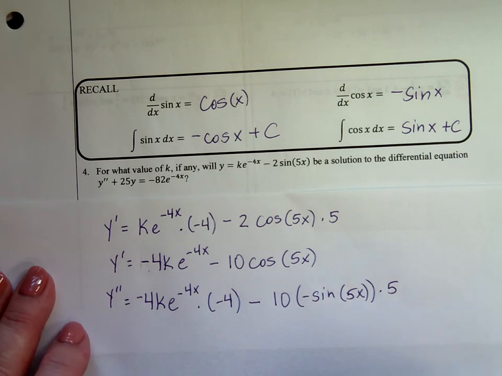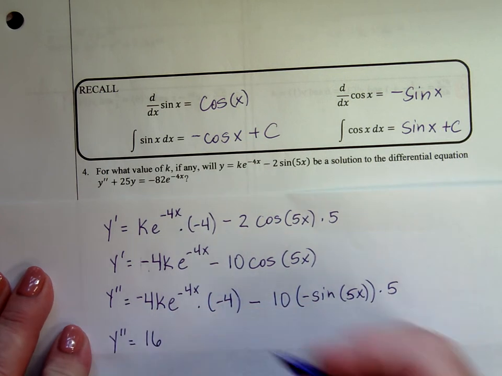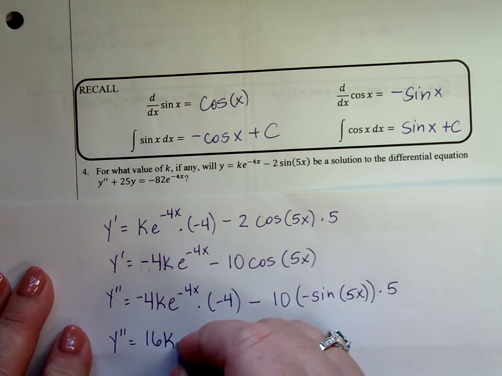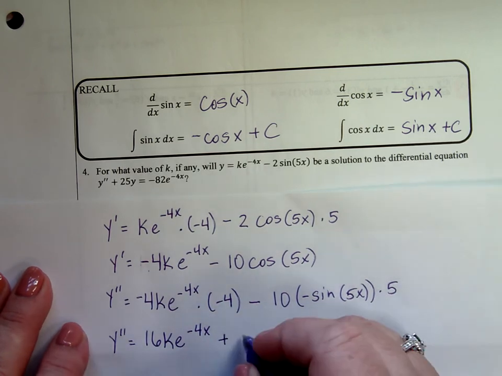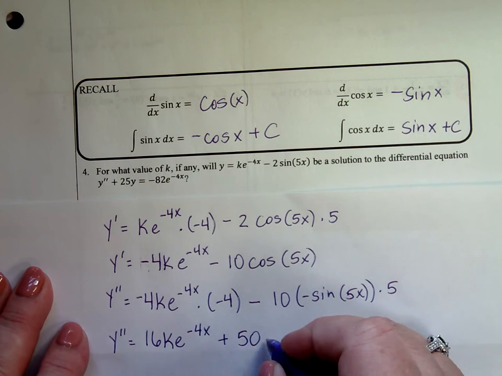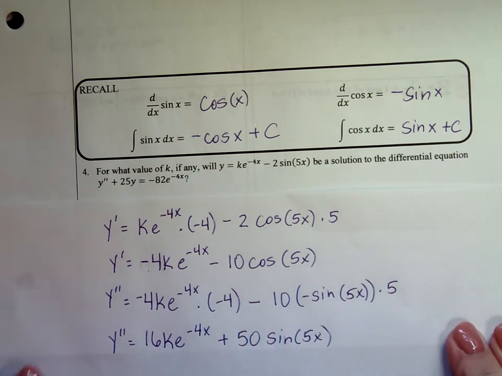Y double prime is 16, negative 4 times negative 4, k e to the negative 4x. Negative, negative, make this plus. 10 times 5 is 50 sine of 5x. That's it. That's your second derivative.